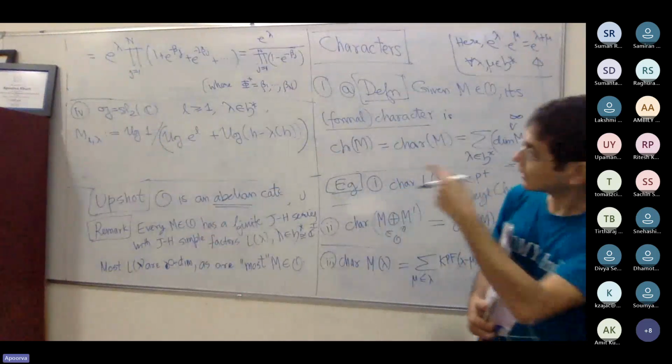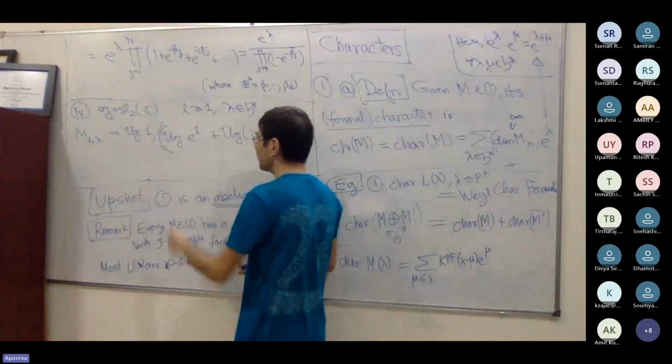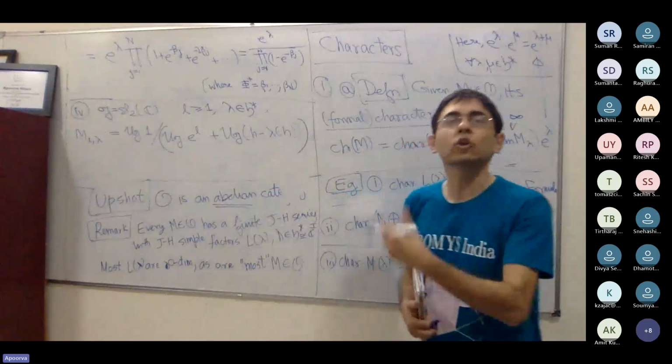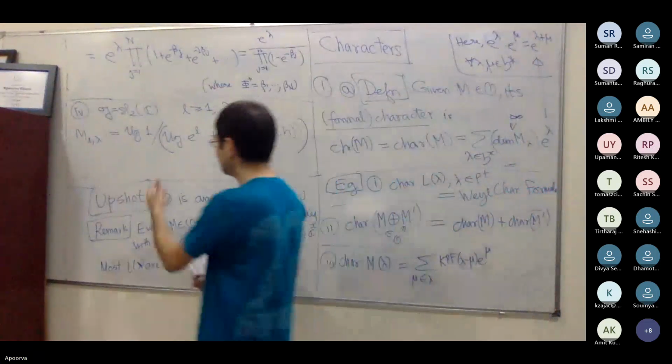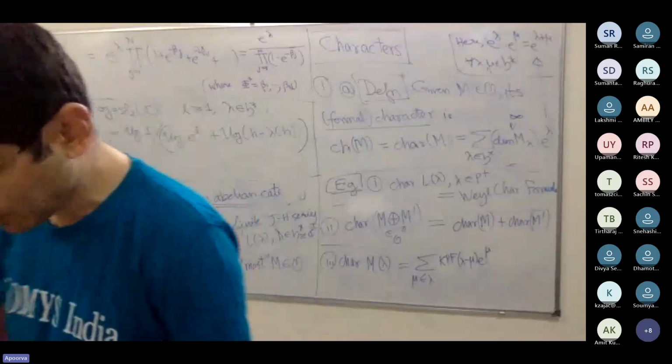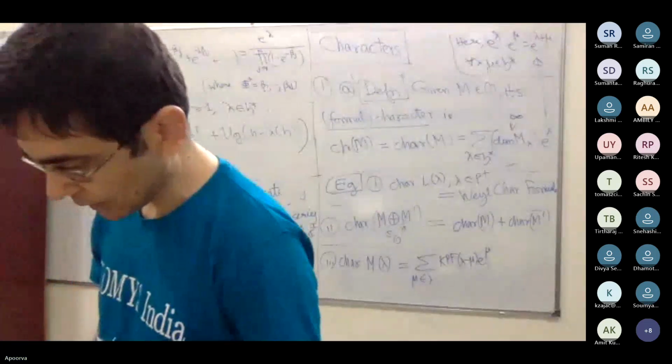This is a module generated by one vector, the image of 1, but now e squared is 0 or e cube is 0, like that. And by the PBW property, one can check.